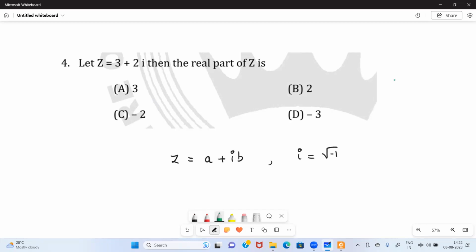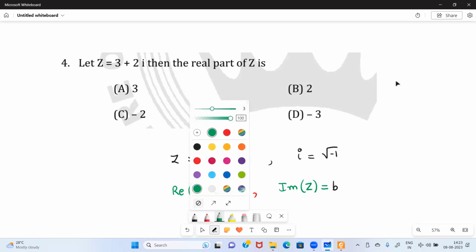In this, the real part of z is the component without this i, which is a. Imaginary part of z is going to be the component which is with i, b. Is that clear, students?